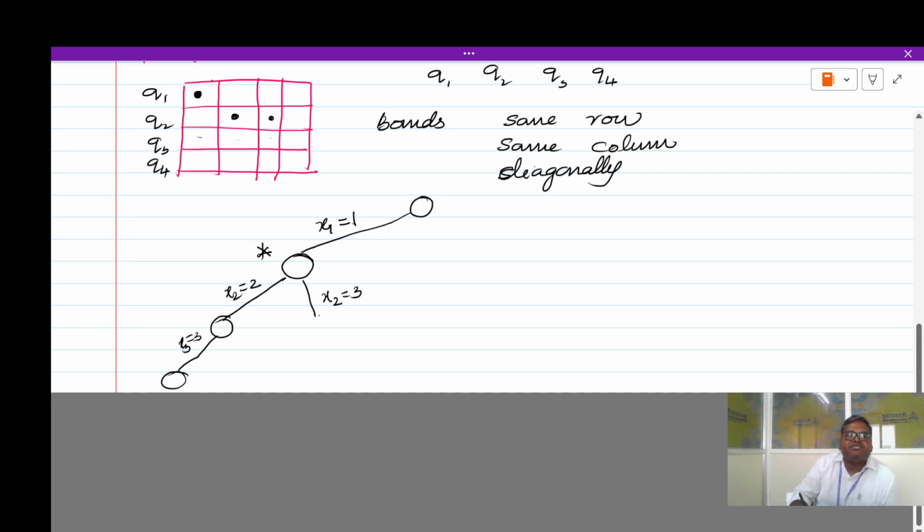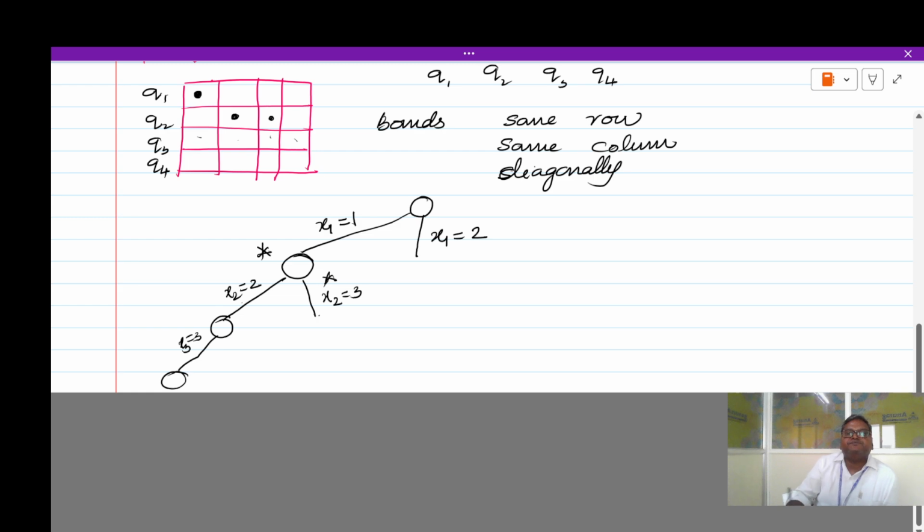If I keep it in third place, same column. If I keep it in fourth place, diagonal. So this path is not a valid path. Then no option for me. So I will keep x1 in the second column.